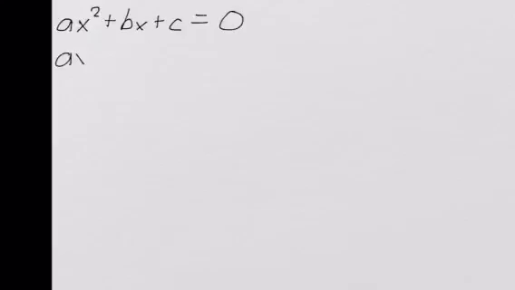We're going to solve a generic quadratic equation, so ax squared plus bx plus c equals 0. The first thing I need to do is subtract c from both sides. And now, because I don't want to mess with that coefficient on x squared, I'm going to divide by it so that it's in essence just a 1.